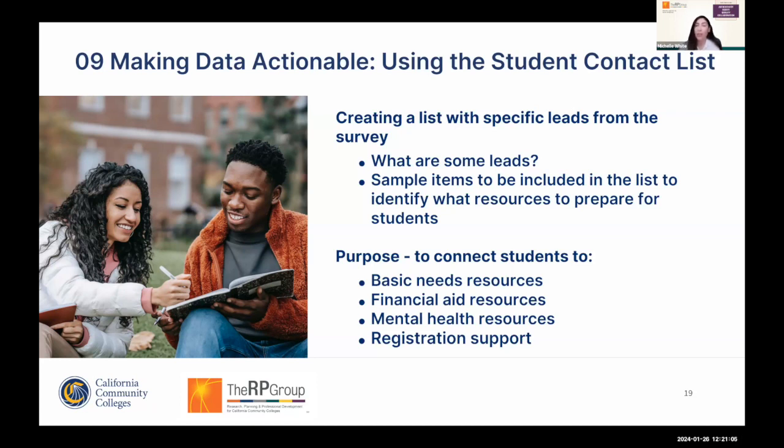And different questions in the survey point to different resources that students are saying they may need. So colleges can better identify which students need support around things like basic needs, financial aid resources and funding opportunities, mental health resources, and areas that involve registration support, helping them through that onboarding and outreach process.